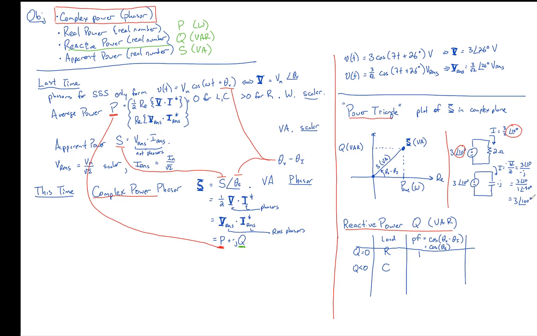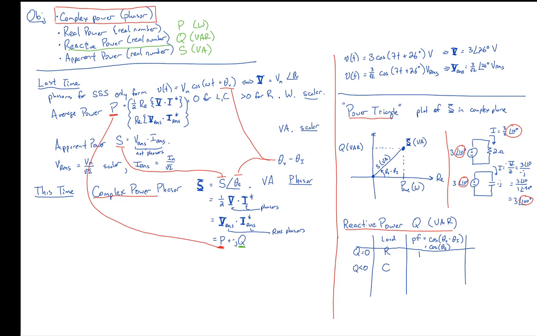Now my same question that I asked JT is to you. What is the difference in angle between the voltage and the current? We always measure the current relative to the voltage. So relative to this voltage, what's the angle of the current?